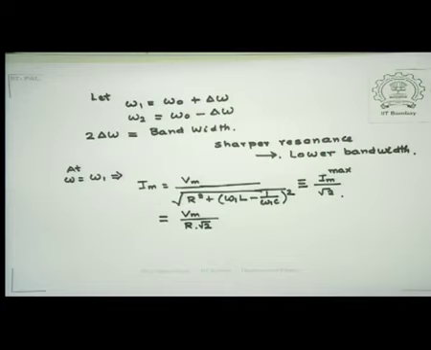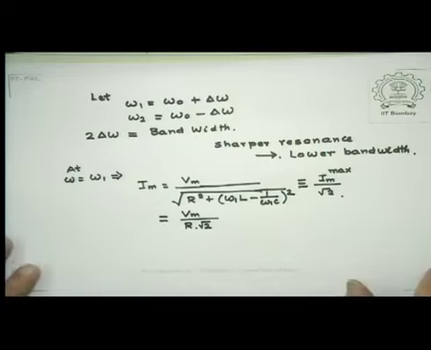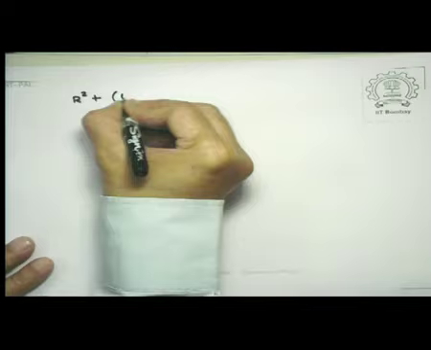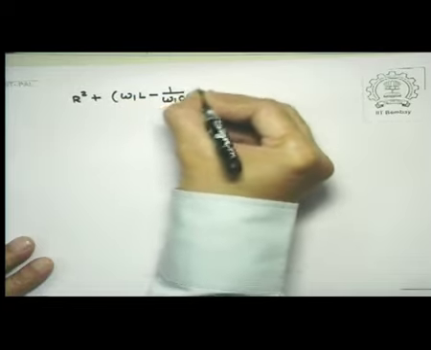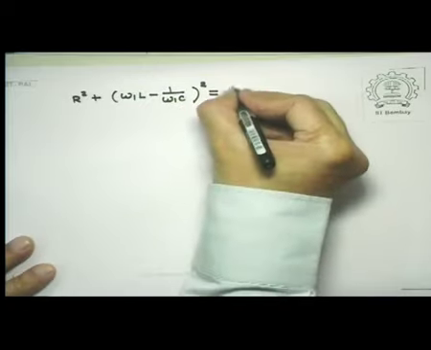So basically, by squaring both and doing some algebra, I get R square plus omega 1 L minus 1 over omega 1 C whole square is equal to 2R square.